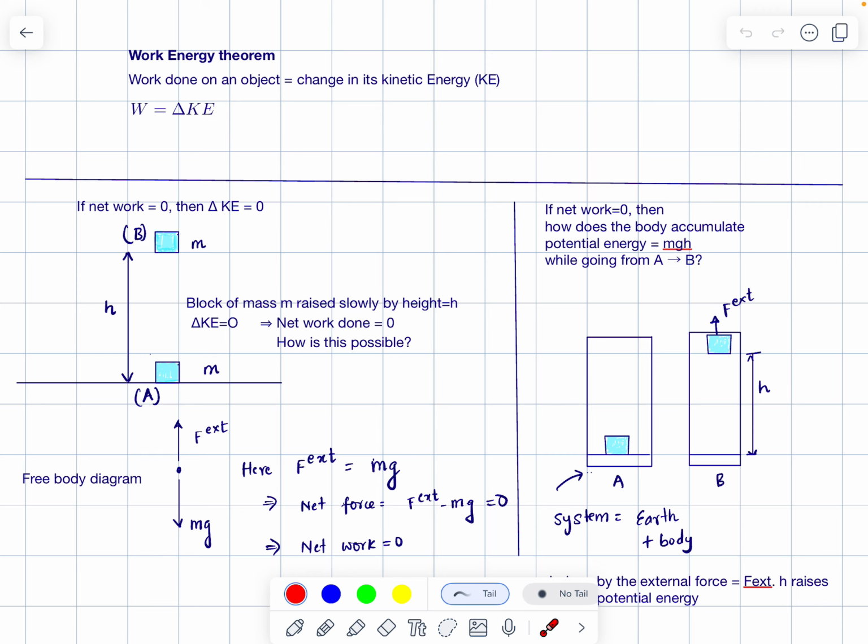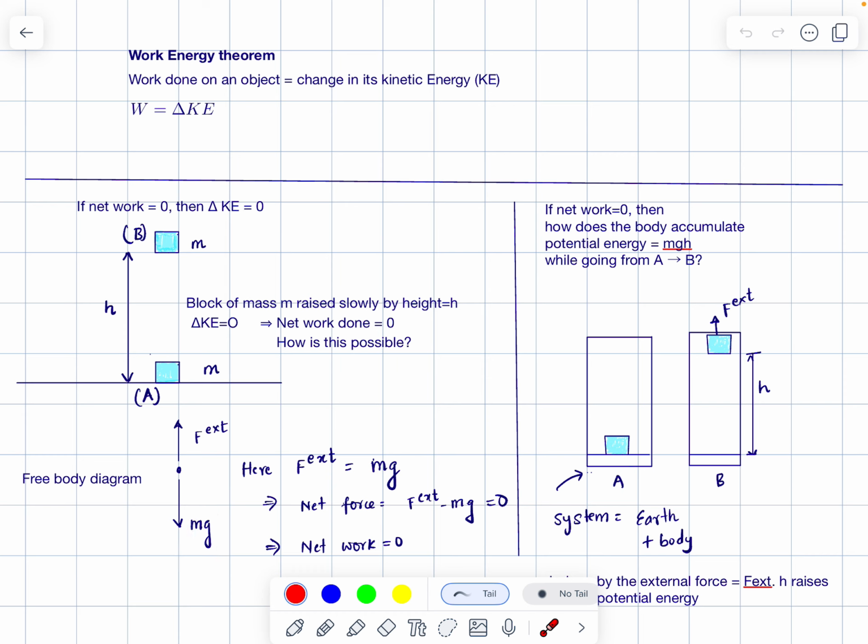Let's look at the free body diagram here. If here is the object of mass m, then the external force acts upwards in order to raise the object, and it counteracts the force of gravity, that is the weight, which is acting downwards.